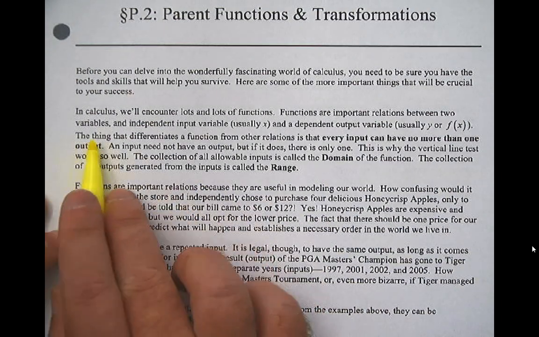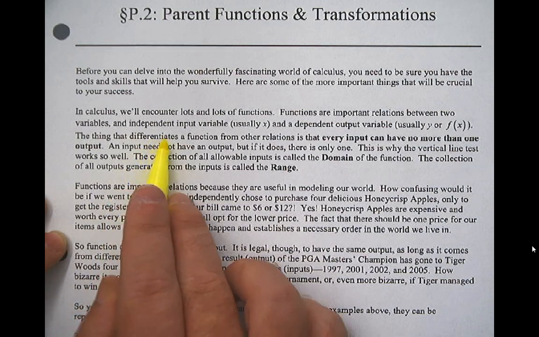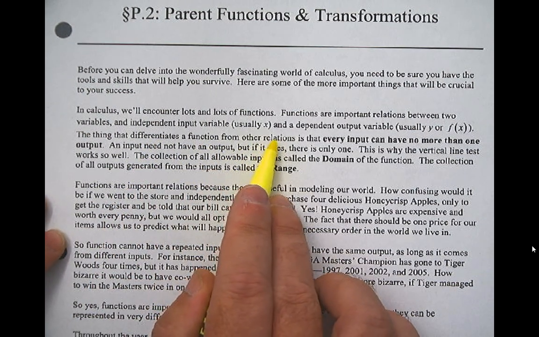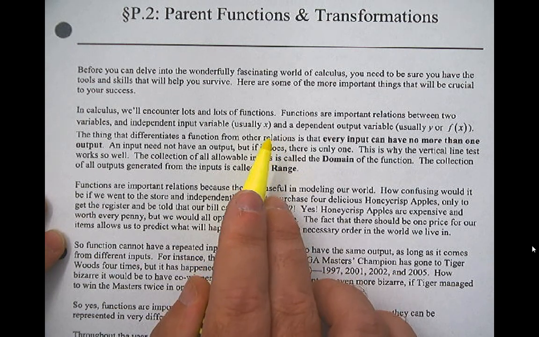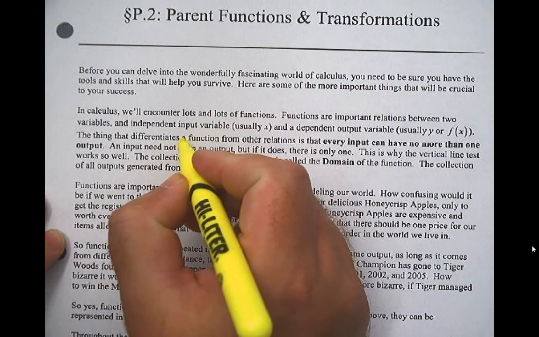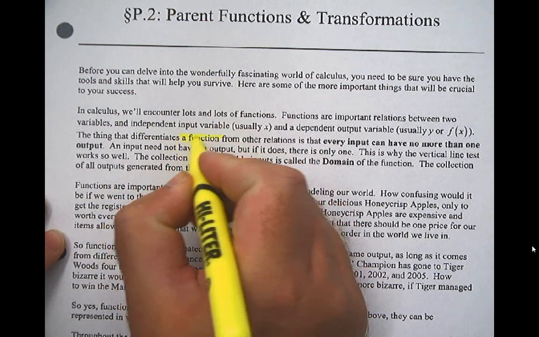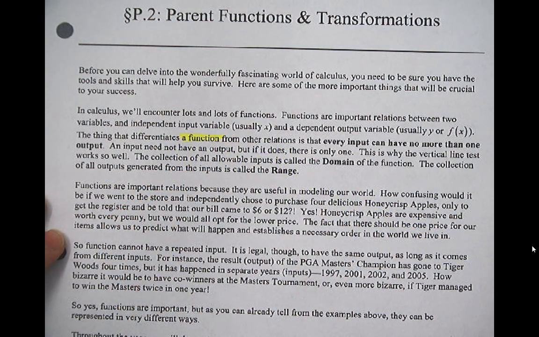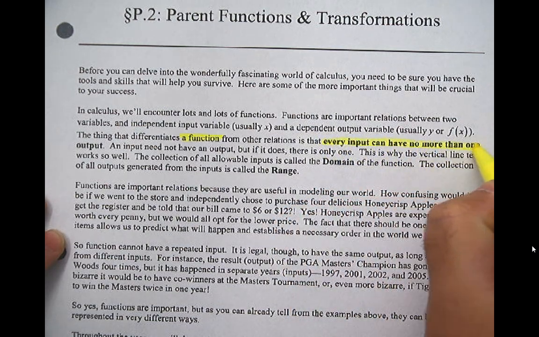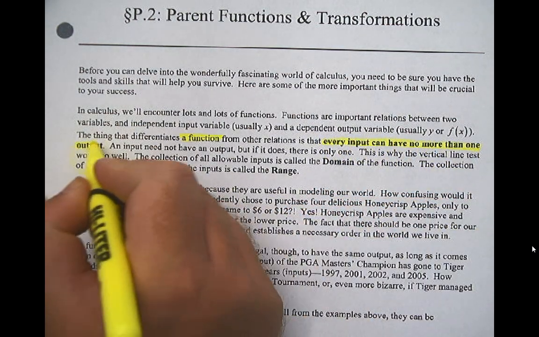Okay, so the thing that differentiates a function from a relation. A relation is any relationship in mathematics, okay? The specific type of relations that are called functions, hopefully you remember this, you've seen it in at least Algebra 1, Algebra 2, and Pre-Calculus, is that for a function, every input can have no more than one output.